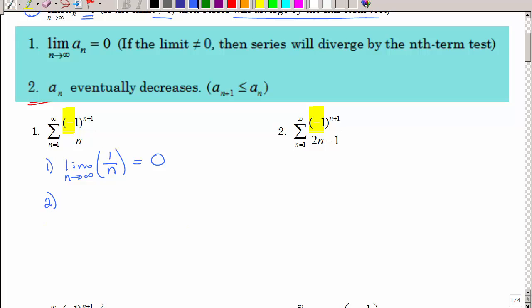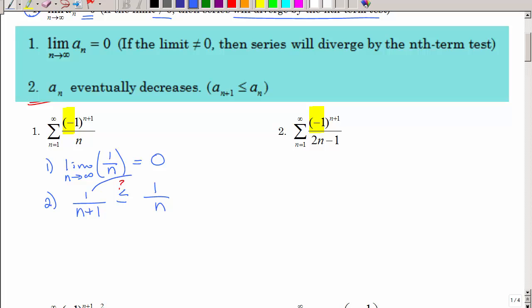Condition 2, you have to show that it eventually decreases, meaning the n plus 1 term is less than or equal to the nth term. So as n is getting bigger, the terms are getting smaller. Is that true?